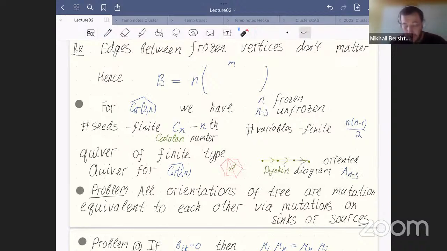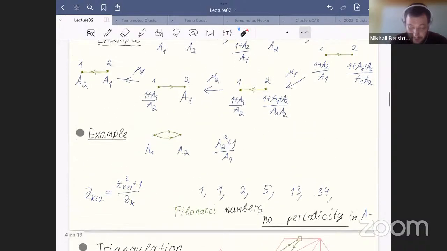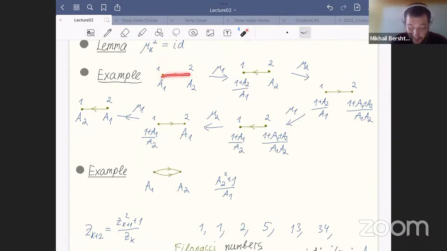We have n minus 3 diagonals, and if we choose a triangulation where all diagonals go from one vertex, then the edges between corresponding vertices just form a chain. So the quiver from which we started, where we have only one arrow, actually corresponds to a triangulation of the pentagon.